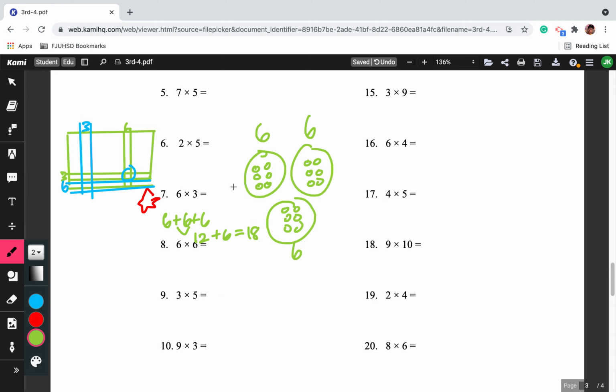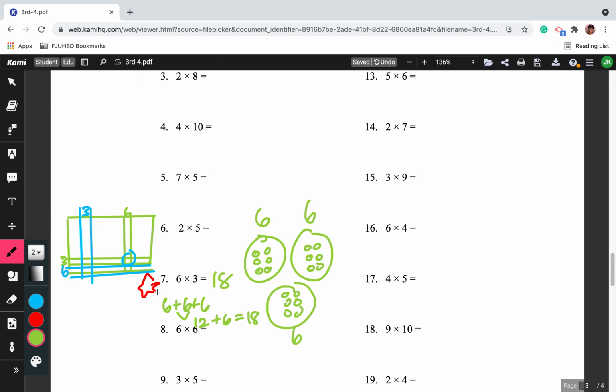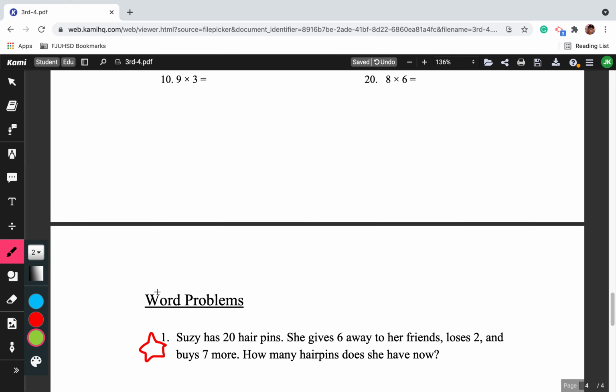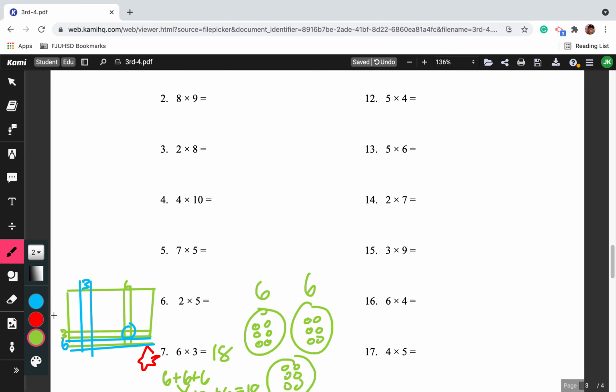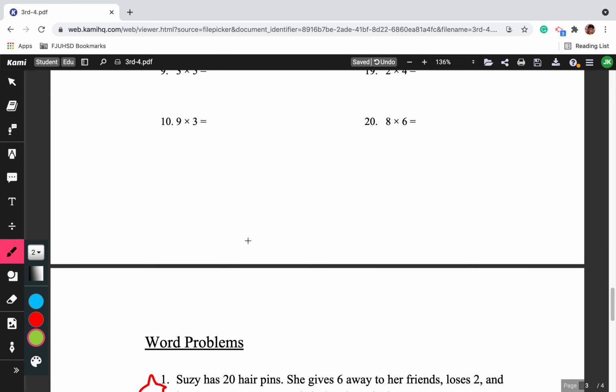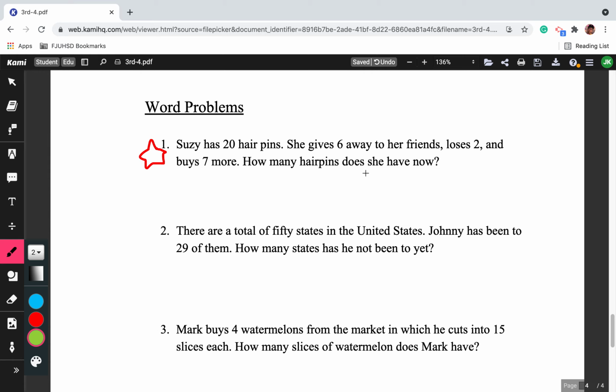So the answer would be 18. Also, by now, you should probably know your basic multiplications up to 12 times 12, at least. So, let's continue.